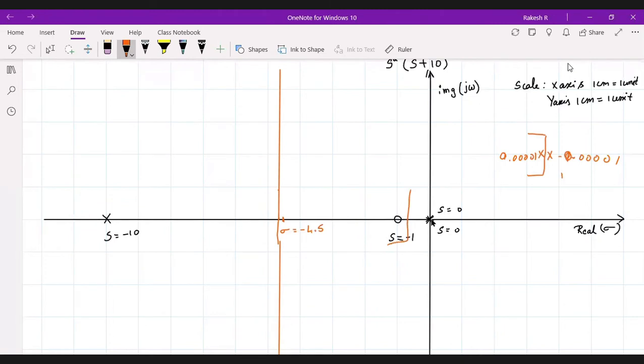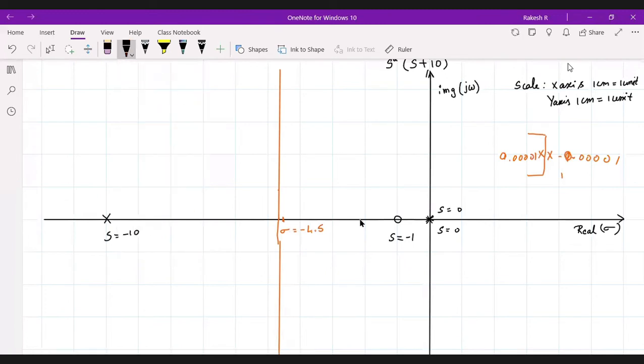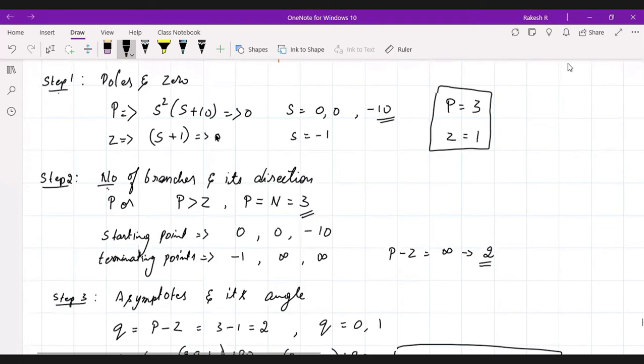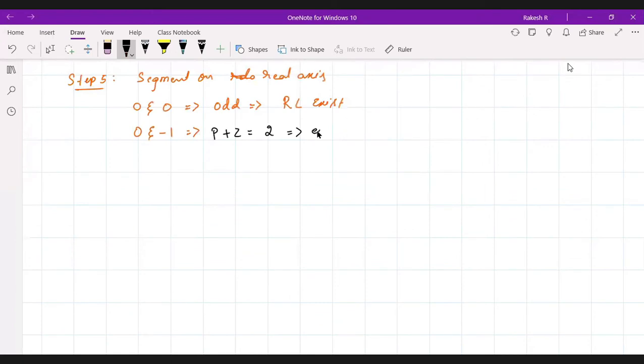There are two poles here, right? So poles plus zeros, we have 2. So it is even. So root locus does not exist here.